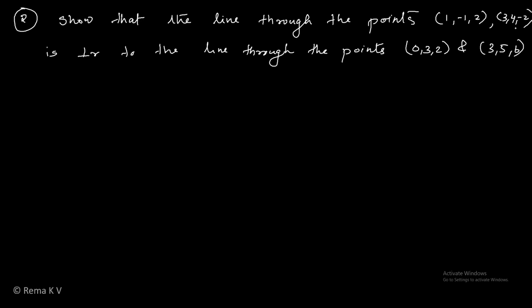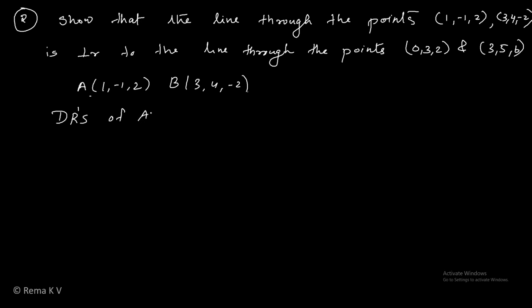Let us name the points here. Let the first set of points be A and B. So the points A (1, minus 1, 2) and B (3, 4, minus 2). So two points A and B, the line through the points A and B. If two points are given to you, you can find the direction ratios of this AB.